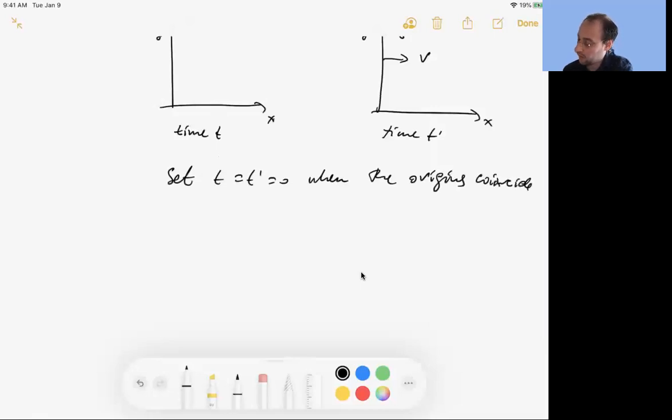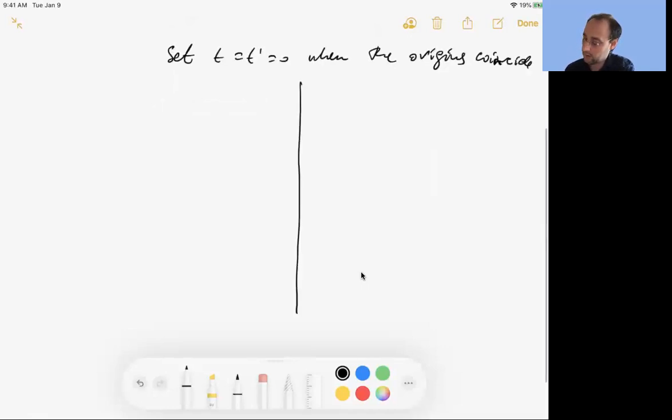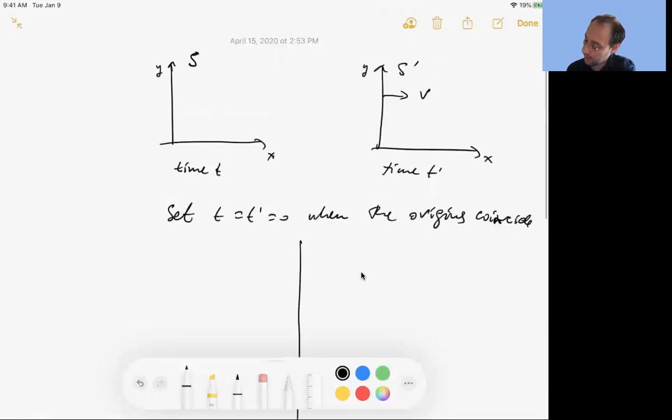So now I'm going to divide the screen into two parts. Remember how we came up with the Galilean transformation? It's not even a derivation, it's kind of common sense. Let's say there's an event, some kind of an explosion. It's located at coordinate x prime. This distance was vt.